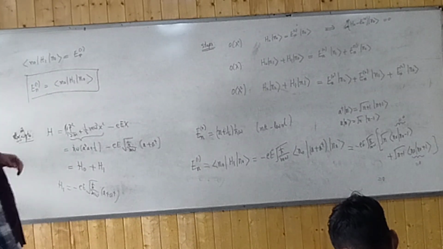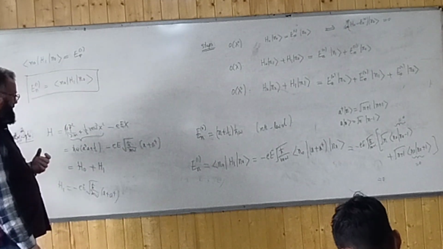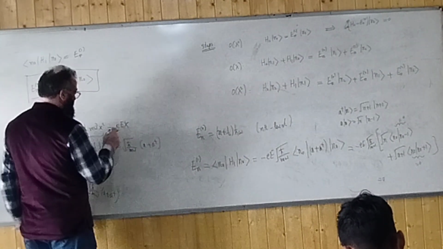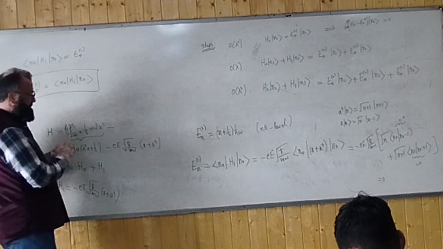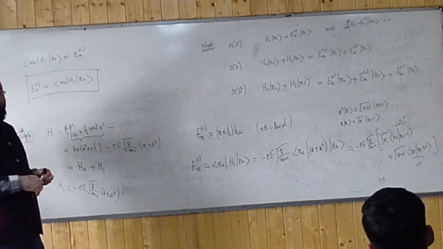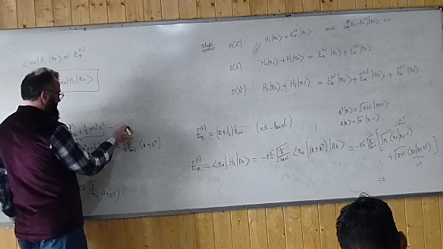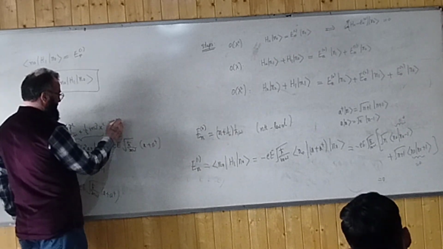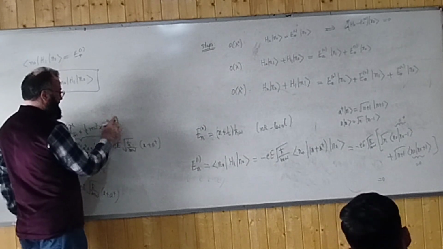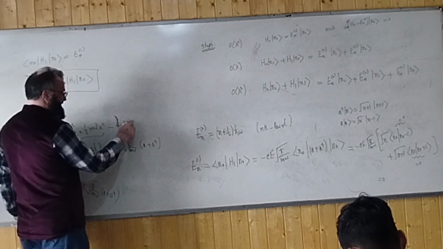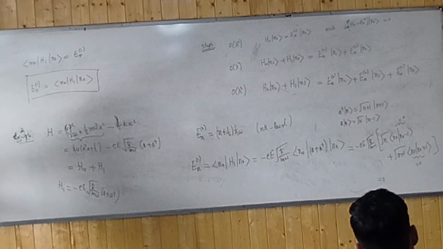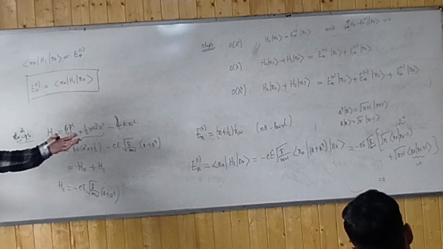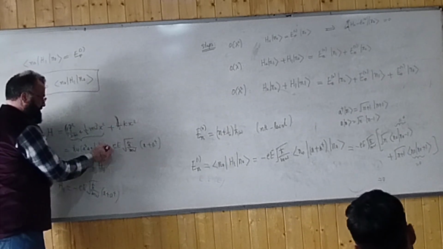Okay, let's say you are having an example. Let's change the spring constant of this very problem. Let's add half of k x square.